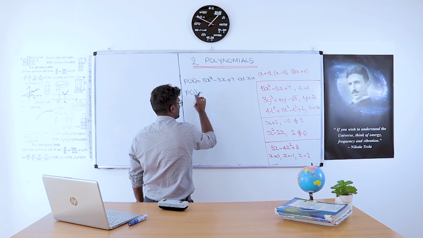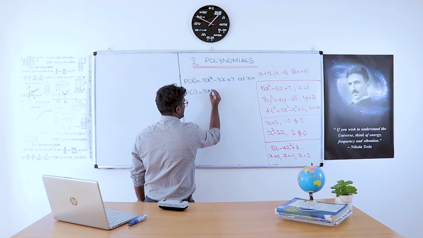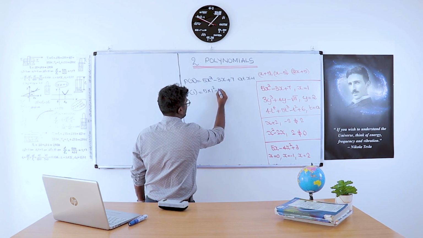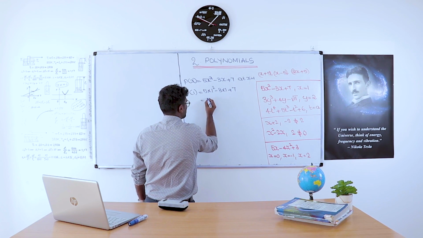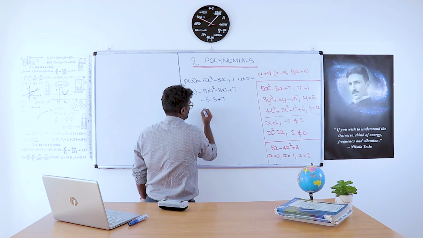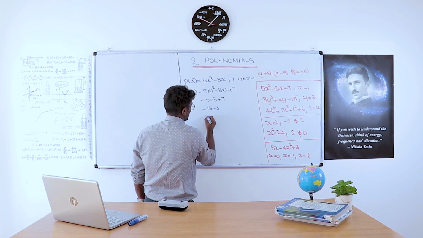In place of x there will be 1. So 5 into 1 square minus 3 into 1 plus 7. 1 square is 1, so 5 minus 3 plus 7. That is 12 minus 3, which is equal to 9.